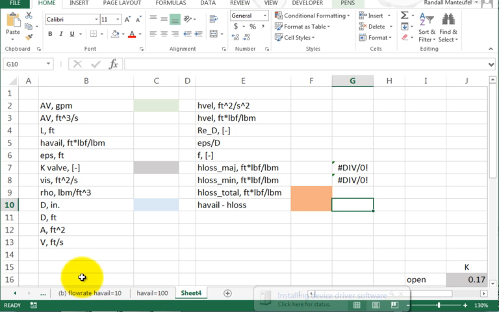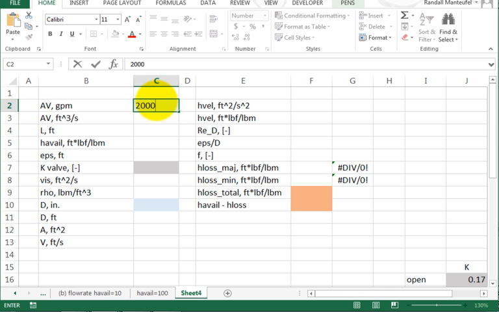So I would build an Excel file like this, and the mouse is going to come alive. What was our gallons per minute? 2,000. How do you go from 2,000 gallons per minute to cubic feet per second?